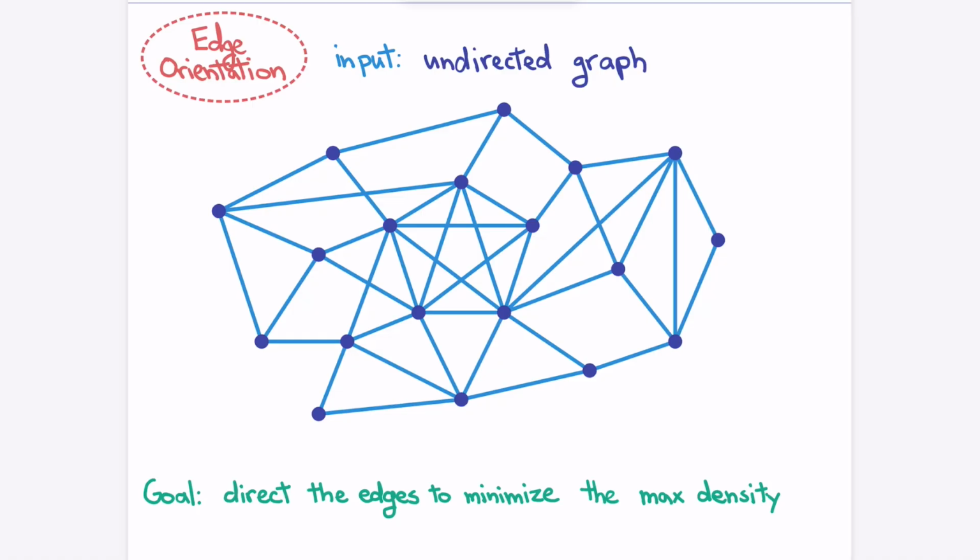Okay, so you're imagining an assignment problem. So one side is edges, one side is vertices.